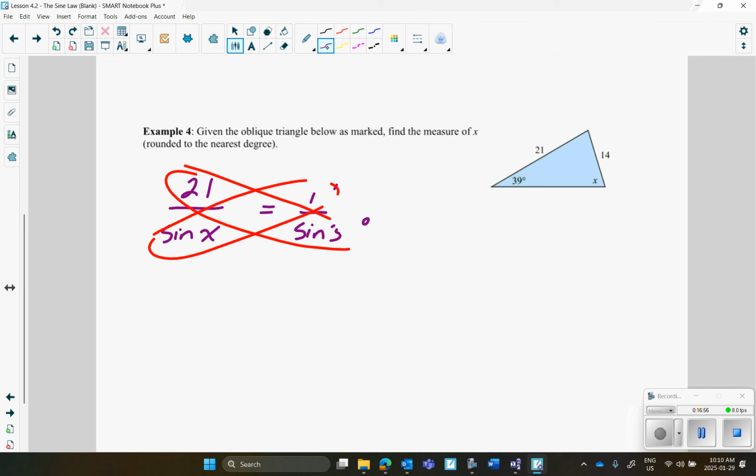What was it again? It was why I did that. 39 degrees. So we get 14 times the sine of x is equal to 21 times the sine of 39 degrees.